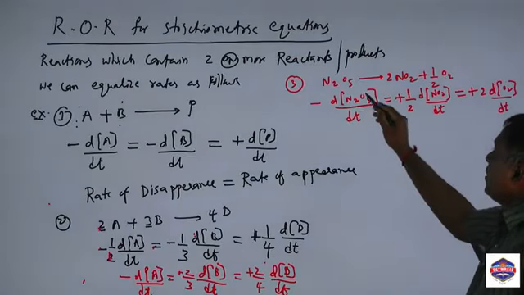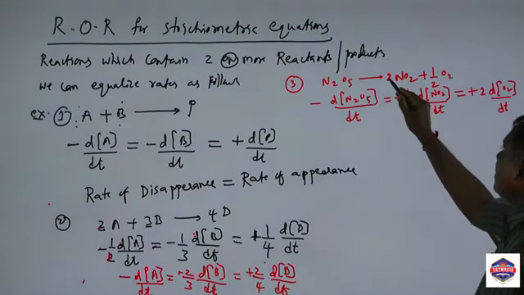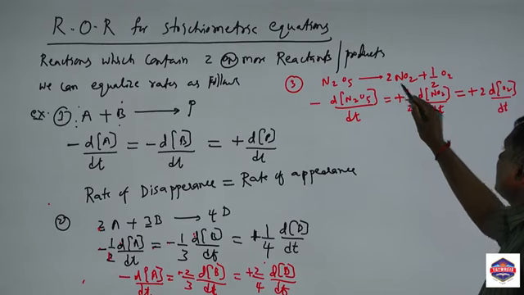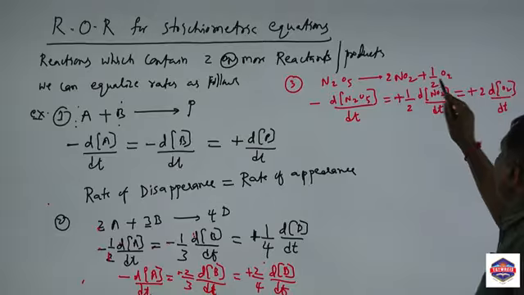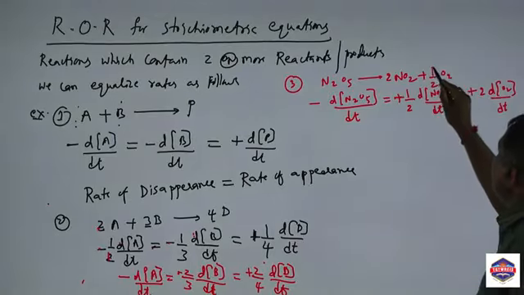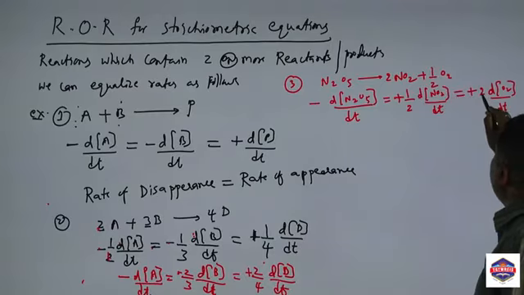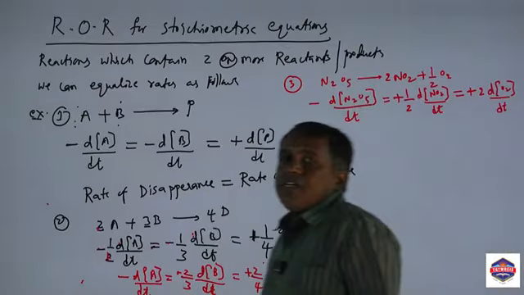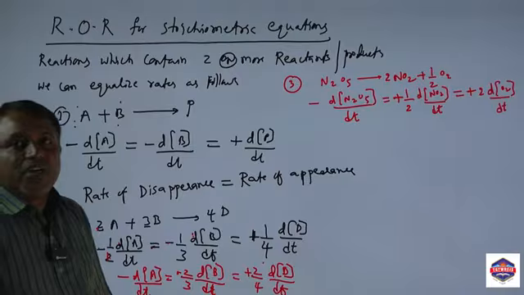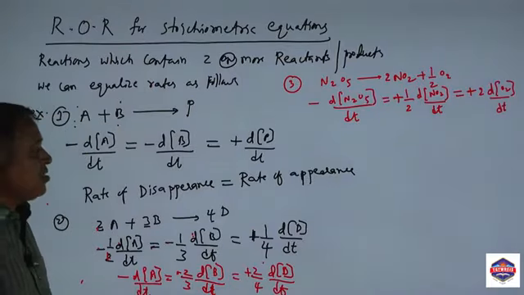So minus dN2O5 by dt is equal to, since this is a product, you place plus, and the reciprocal of 2 is 1 by 2, dNO2 by dt. And it is equal to the reciprocal of 1 by 2, which is 2, and since this is a product, we place the positive sign before dO2 by dt. So this is the way of writing rate of reactions in case of stoichiometric equations.